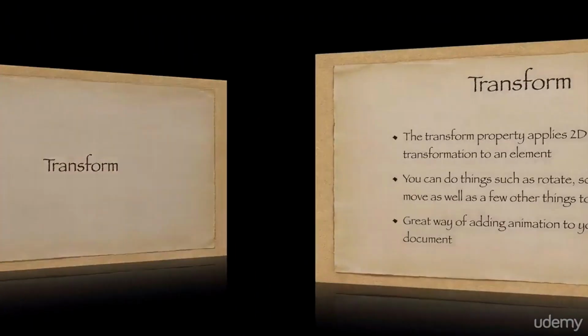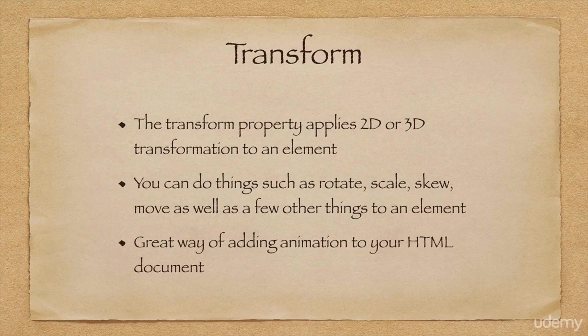Transform. The transform property applies 2D or 3D transformations to an element. You can do things such as rotate, scale, skew, move, as well as a few other things to an element. It's a great way of adding animation to your HTML document.